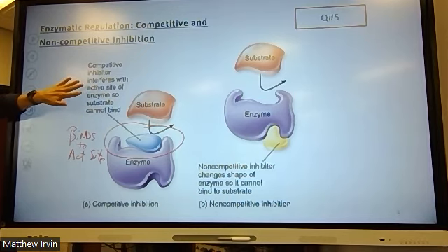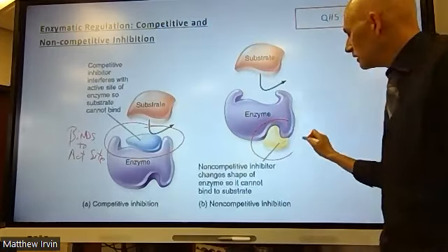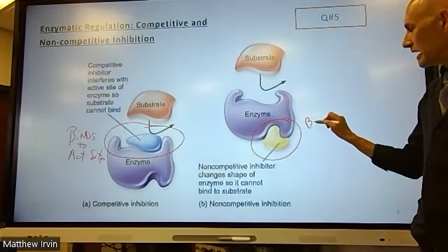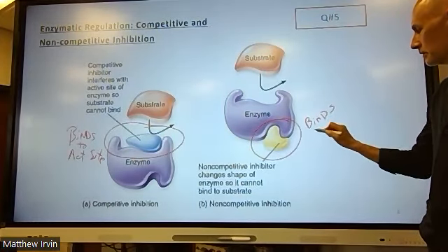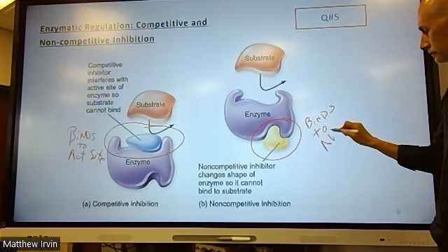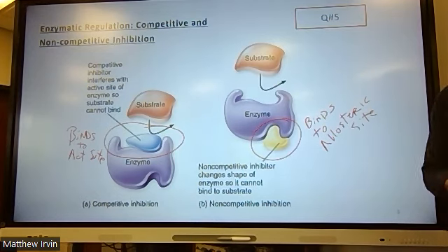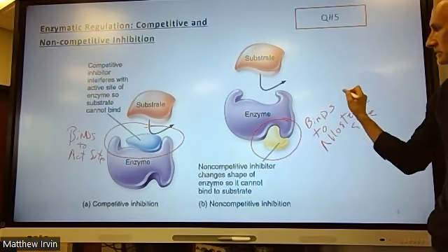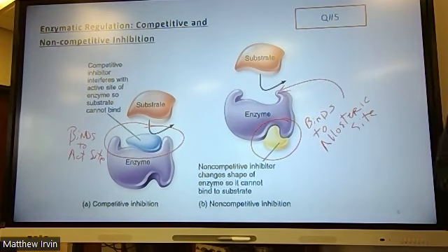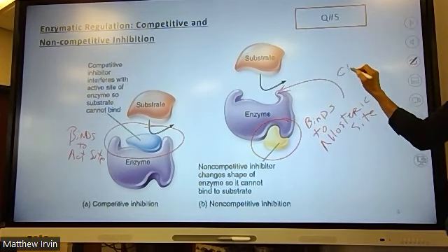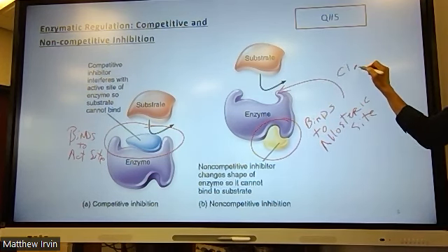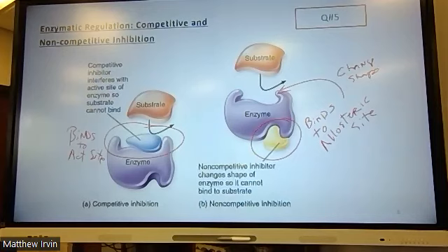The other type is non-competitive, where your inhibitor binds to an allosteric site that is not the active site. And when this binds, it changes the shape so that the substrate no longer fits.